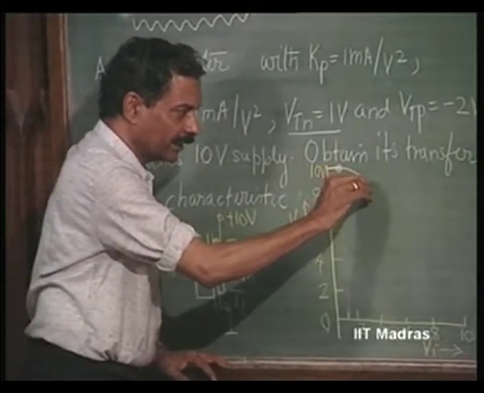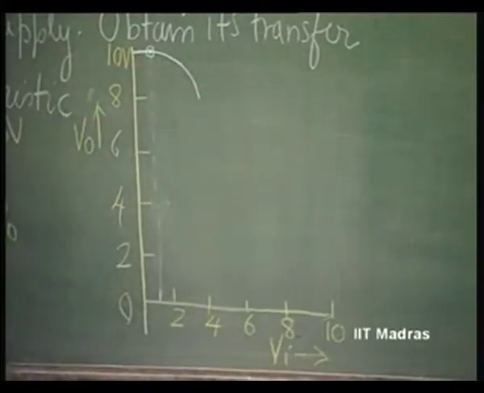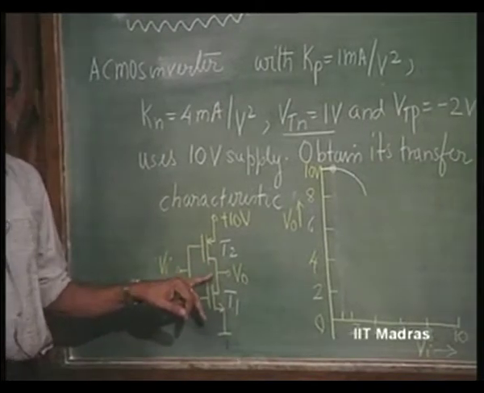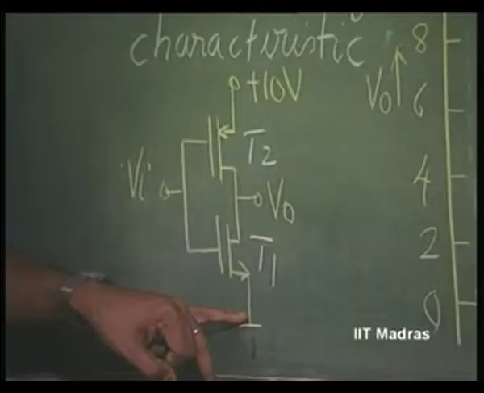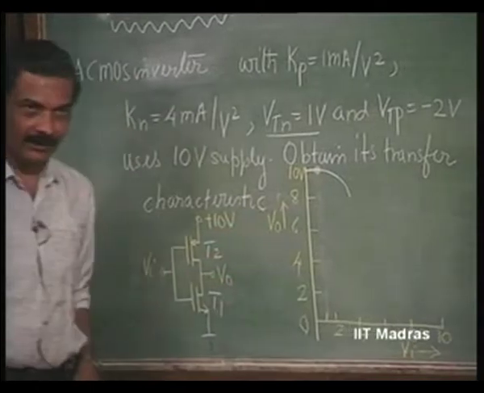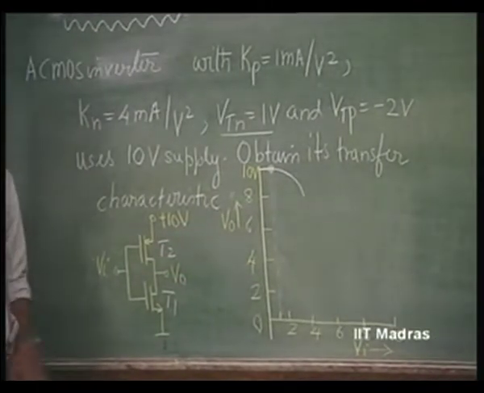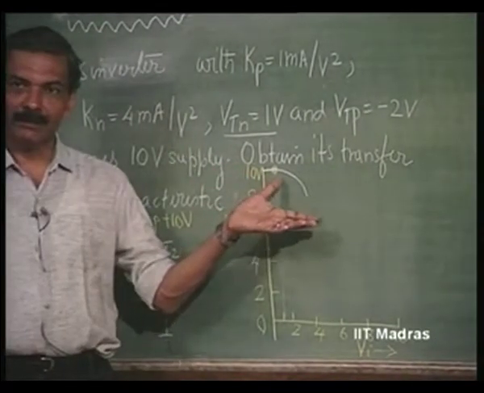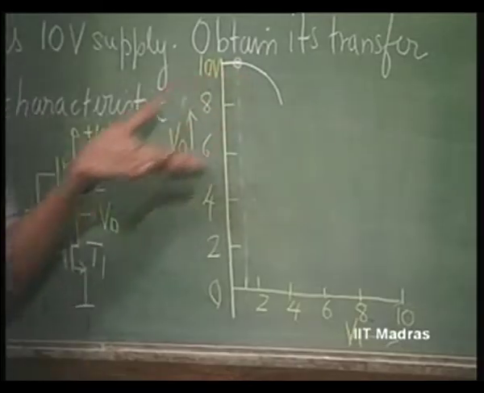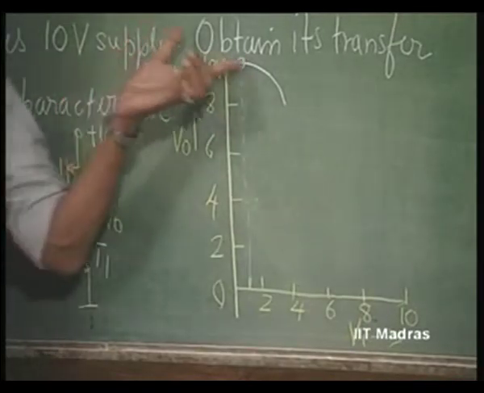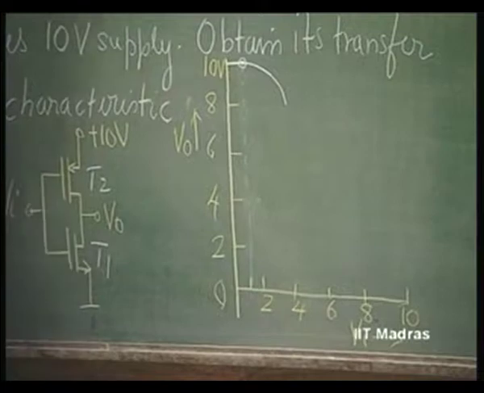This is that characteristic curve where IDS2 is made equal to IDS1. So, that is the equation that it gives us. IDS2 is obtained from the fact that it is in the triode region, IDS1 is obtained from the fact that it is in the current saturation region.